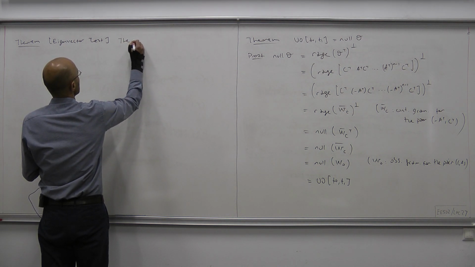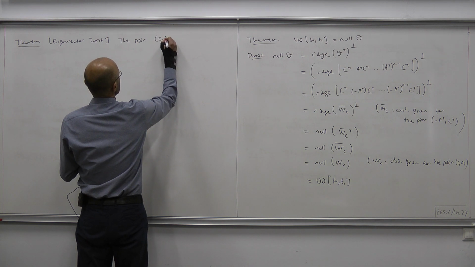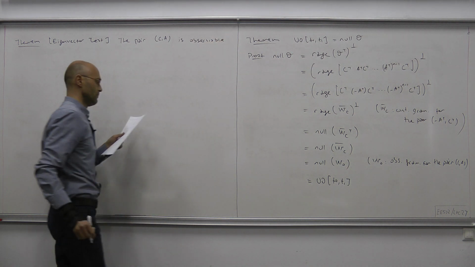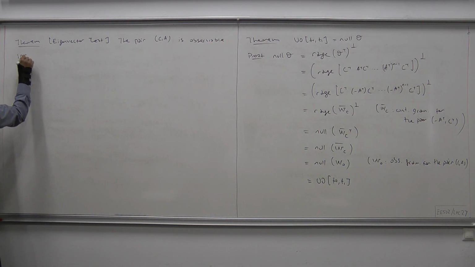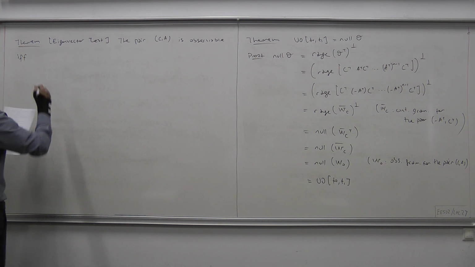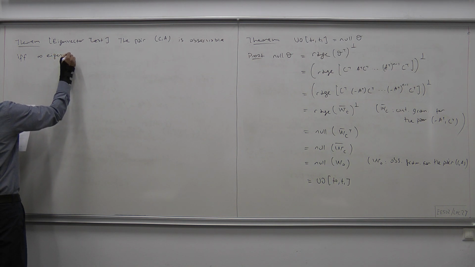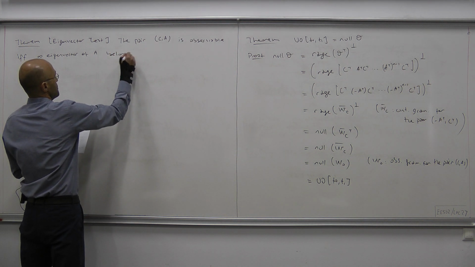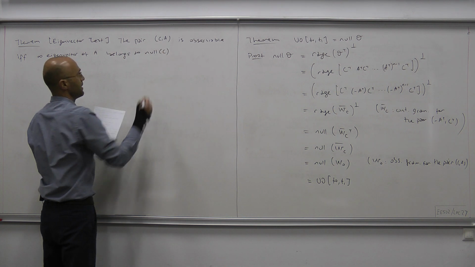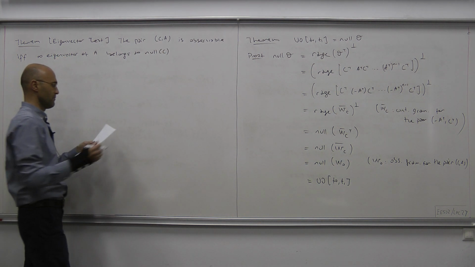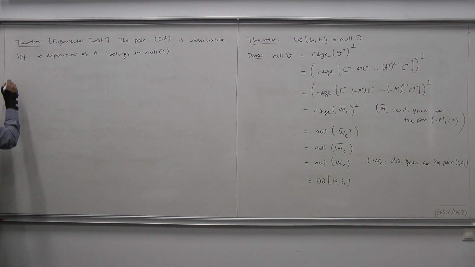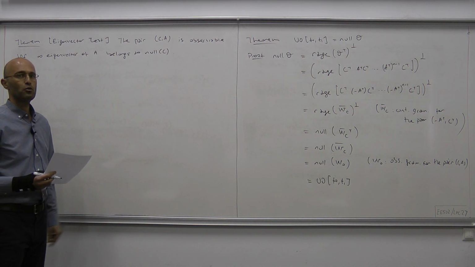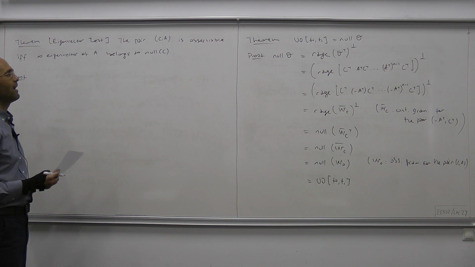The pair C, A is observable if and only if no eigenvector of A belongs to the null space of the output matrix, null C. And here is the one-line proof, which will directly follow from the eigenvector test for controllability plus the duality between observability and controllability for LTI systems.